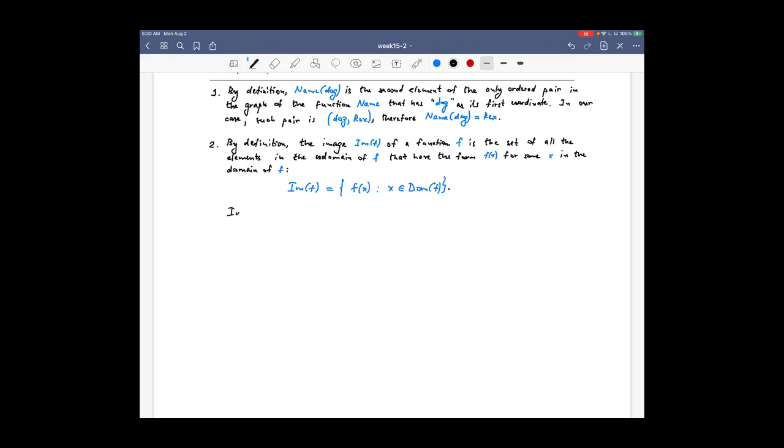So in our case, the image of the function name is name of x as x ranges over the domain of the function name, which is the set A, and this will be simply the set name of cat, name of dog, name of rat, and name of cow.